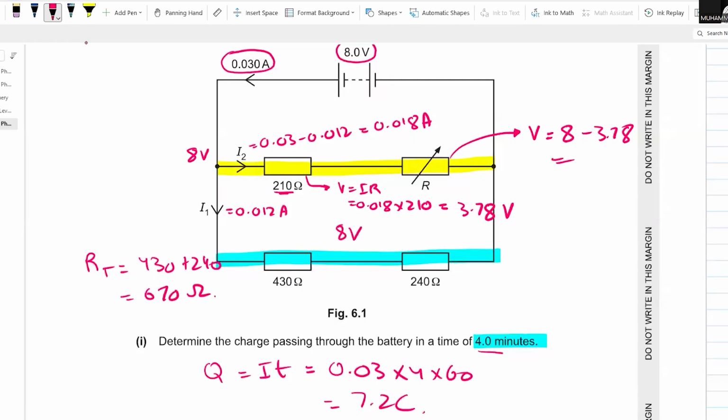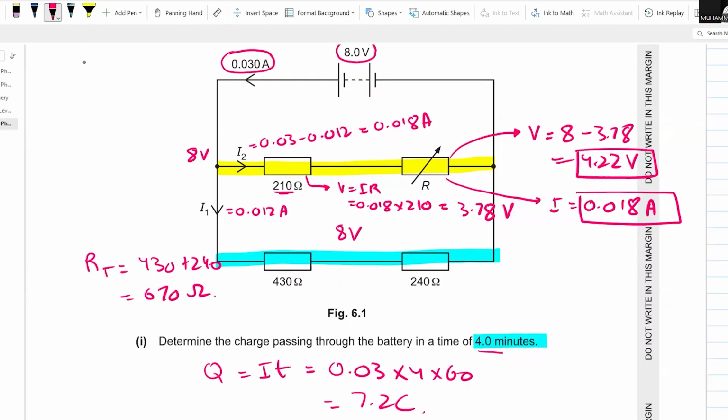This comes out to be 4.22 volts. The voltage across the variable resistor is 4.22 volts. The current across the variable resistor is 0.018 ampere. Can you calculate the resistance? Yes, बिल्कुल.